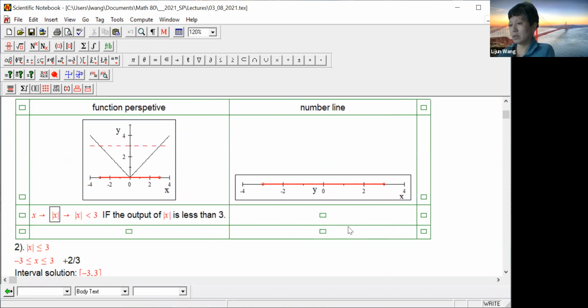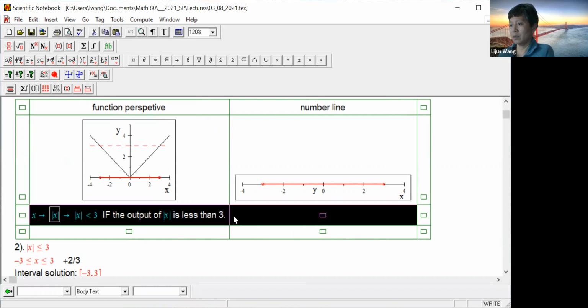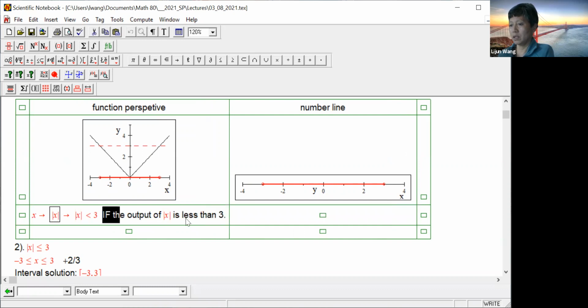And this one is just if that absolute value, the outcome of that, if. They're both if statements, so I'm putting these together for us to do the comparison. And the solution.